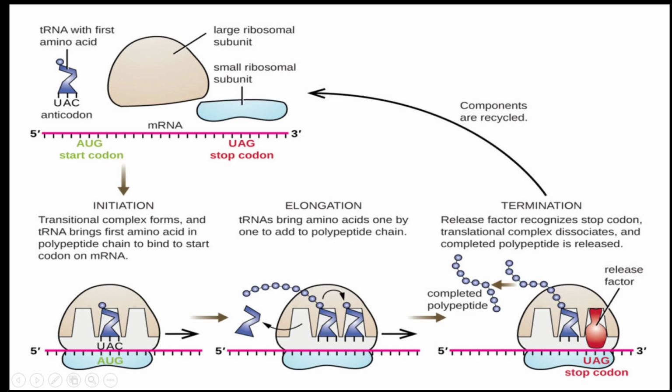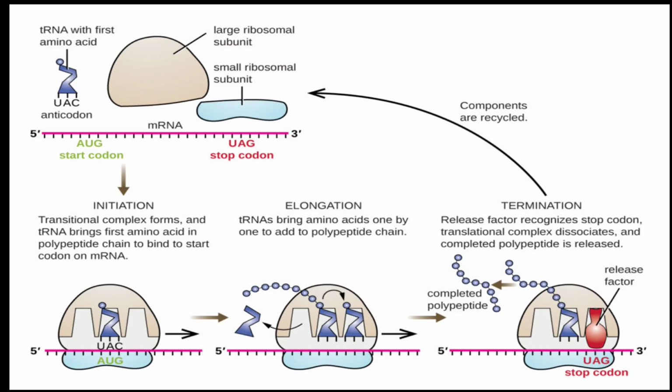The first step, the initiation stage, is that they first have to form a complex. First of all, the messenger RNA has the Shine-Dalgarno sequence, which is recognized. So when it is recognized, the ribosomes are going to bind to the messenger RNA, and we shall have our initiation complex formed.